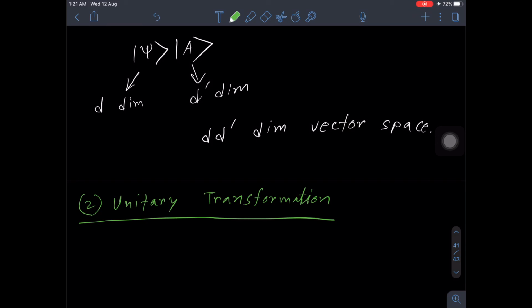And if you remember from the last few videos, we introduced some quantum gates, and those were also unitary transformations. So if you want to do some quantum information processing, for example, you want to add two numbers, and you use some gates, you call them adders in classical computers, right? Similarly, you can use some quantum gates here in quantum information processing, and those will be unitary transformations.